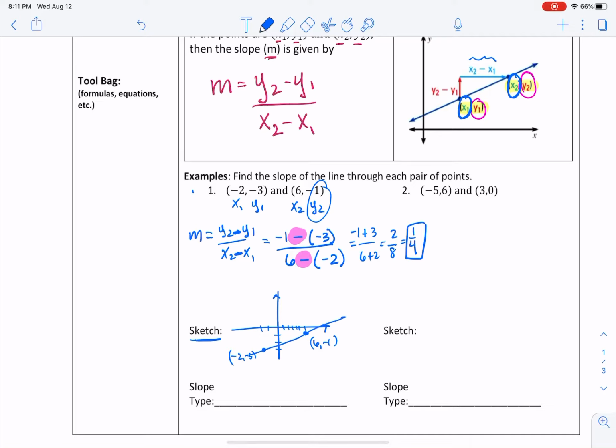And so that line looks like that. I probably should have made that cleaner. What kind of slope is that? As we move from left to right, this is positive slope.